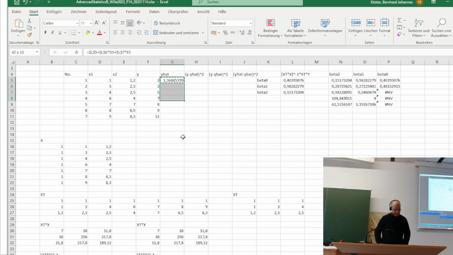Okay, and this we then copy down here, and then we know all the theoretical points corresponding to our data points for x1, x2.